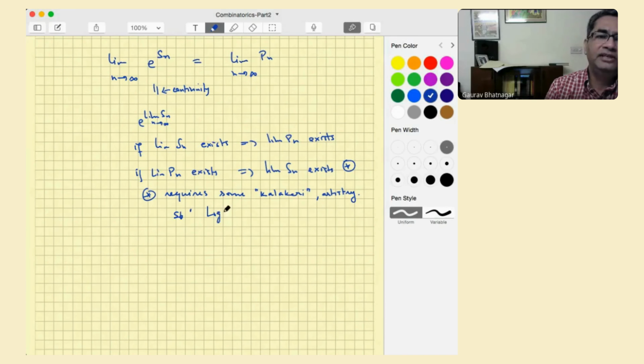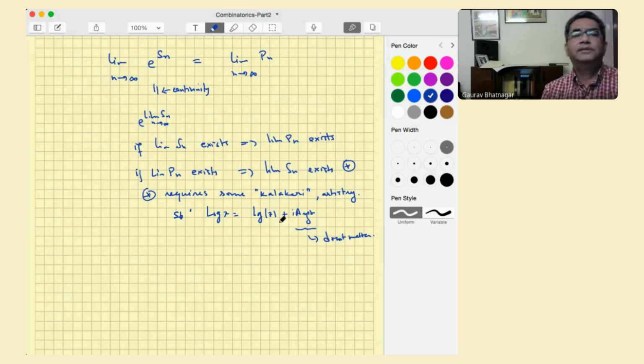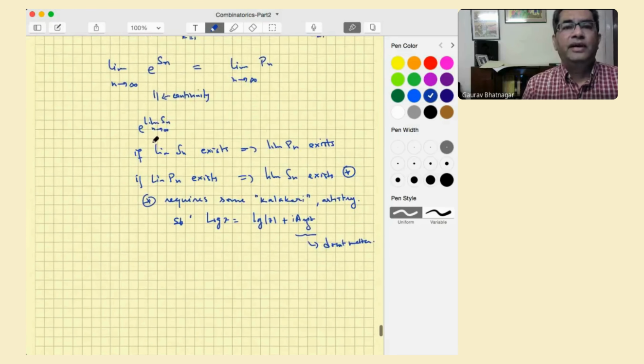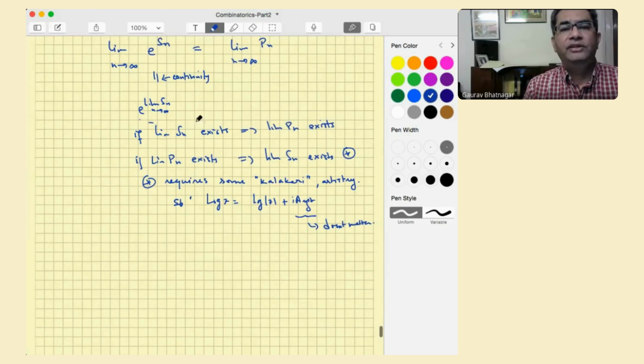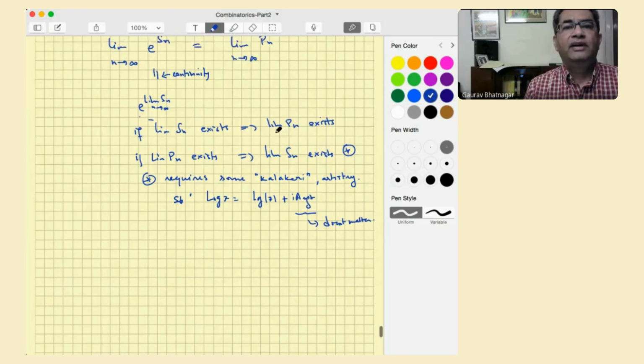log z is equal to log of the absolute value of z plus i times the argument of z, and then we want to show this doesn't matter much when we are taking the logs. So this is okay. This is by definition. This is fine.